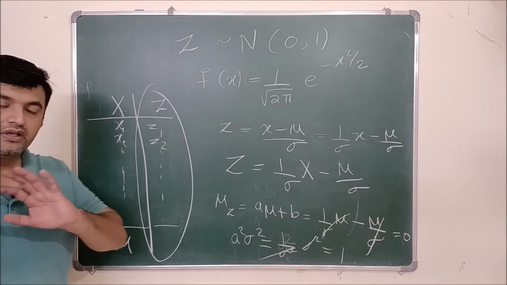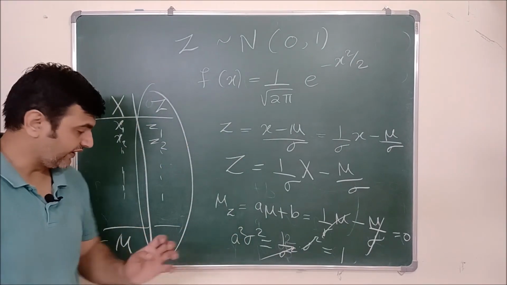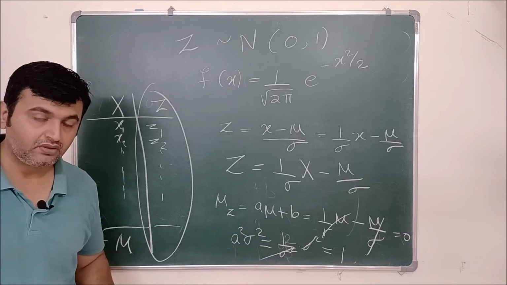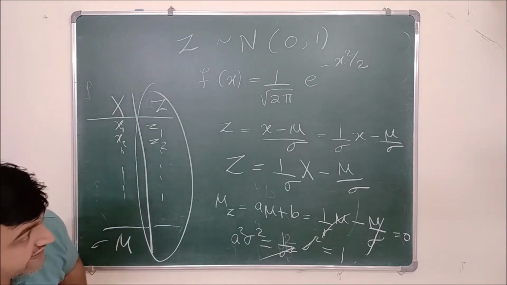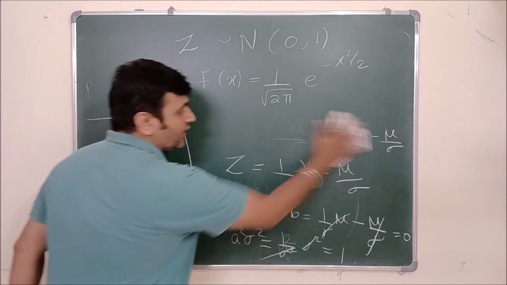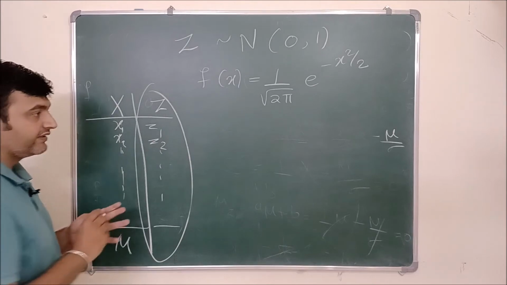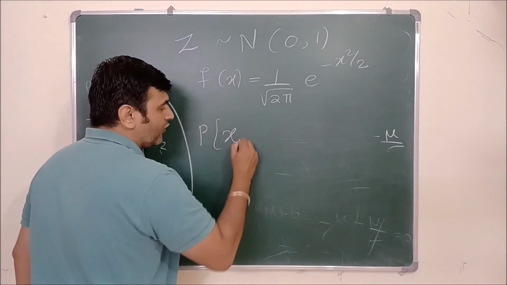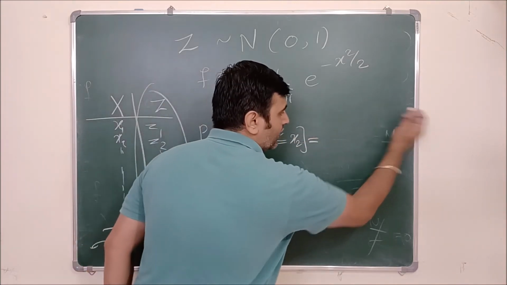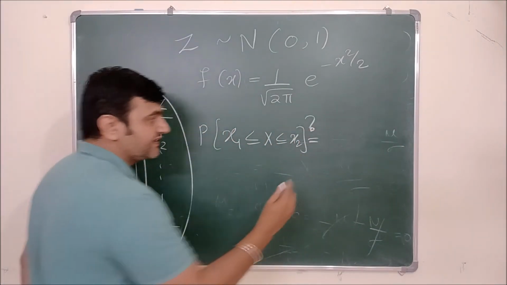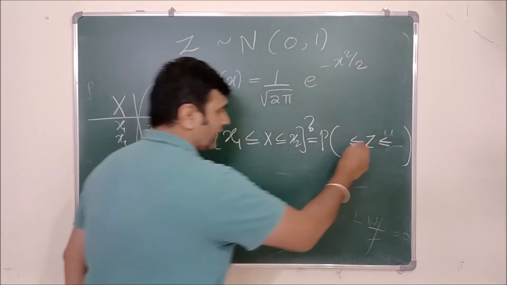Good. So we have done this transition from the world x to the world z, and mean and variance are 0 and 1. But now the question is, is this a nice transition? Nice transition as in what? Now if I want to find a probability between 2 points over here, that means if I want to find the probability of x1 less equal x less equal x2, question is, is this equal to the probability in the z world?